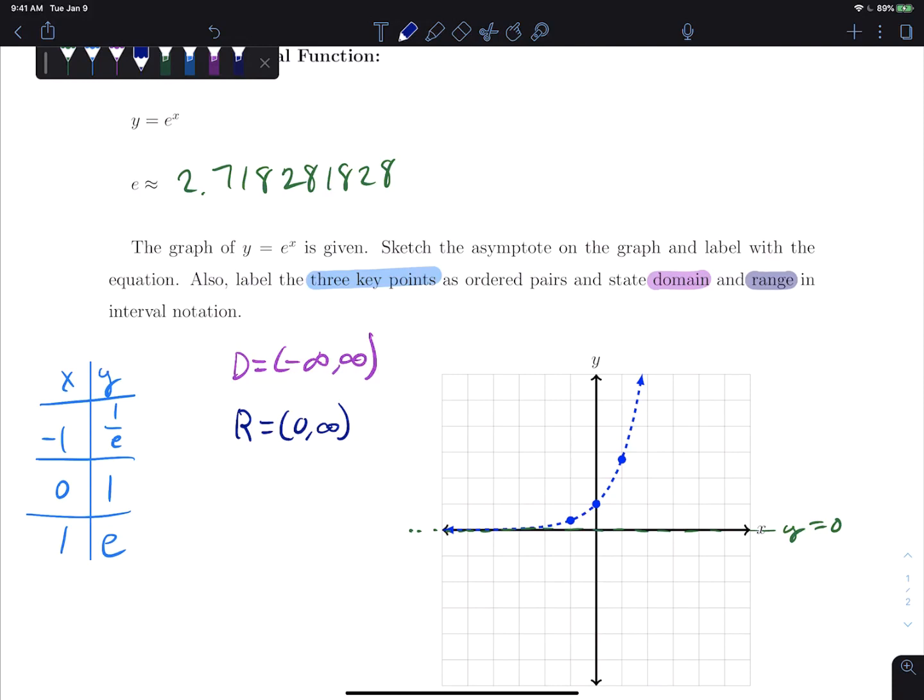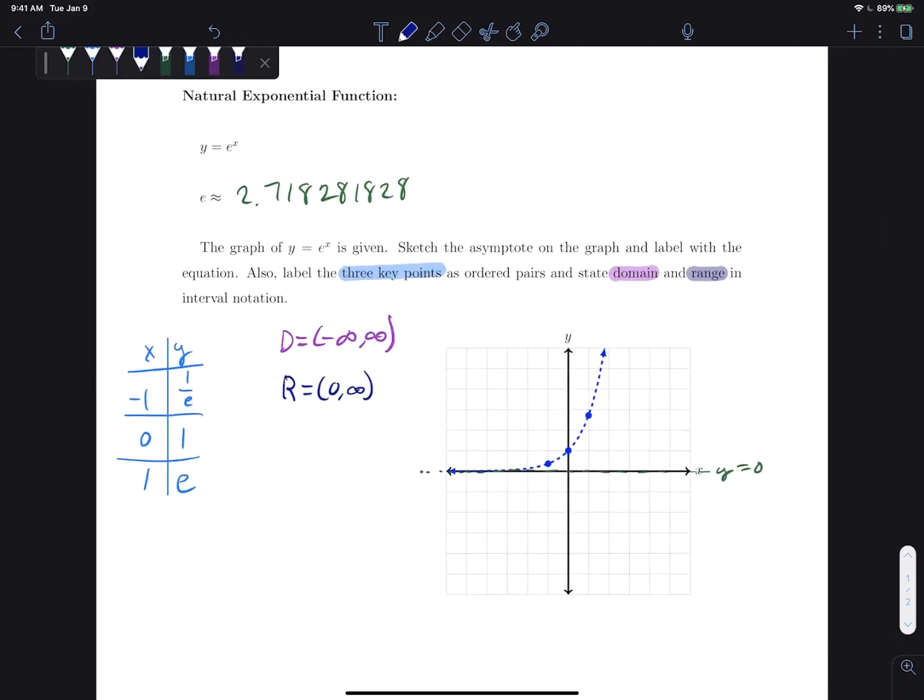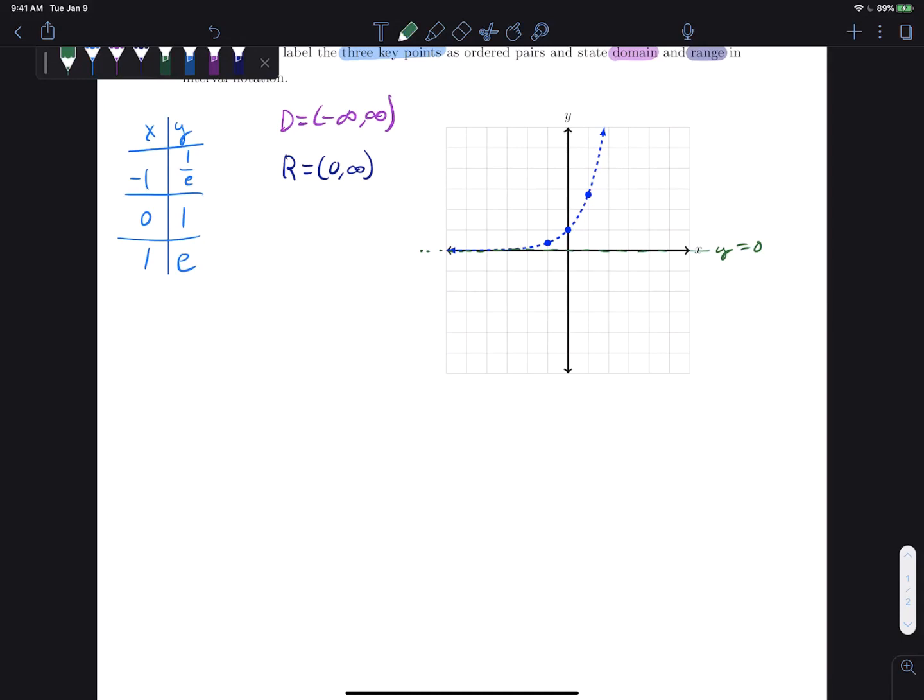Fantastic. Now, I do recommend that you graph y equals 2 to the x and e to the x on your calculator. Look at the differences between those two. And the natural exponential function can be used to model phenomena such as radioactive decay, population growth, and continuous interest investments. Now, if you have compound interest that is continuous, so-called continuous compounding, the formula changes from A equals P times 1 plus r over n to the n times t.